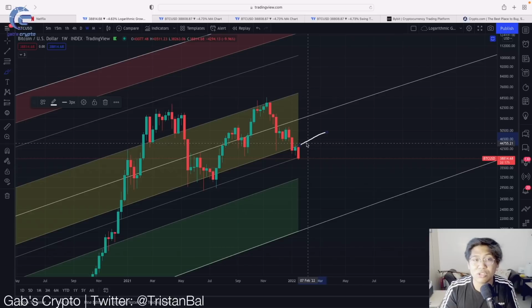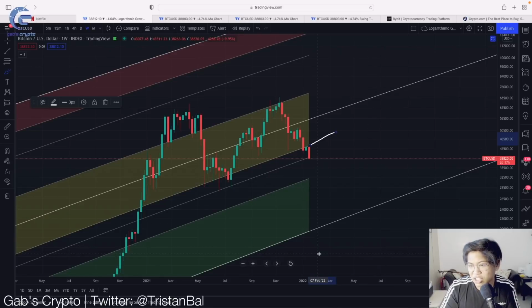And if you break the 38K area, then it's more likely na we are going to go down to the 35K area. So, yun yung kailangan natin i-consider, especially with this data model na I don't think na everyone is following kasi a lot of people would say na we are going to see a 16K Bitcoin when in fact 16K is not actually a viable target na.